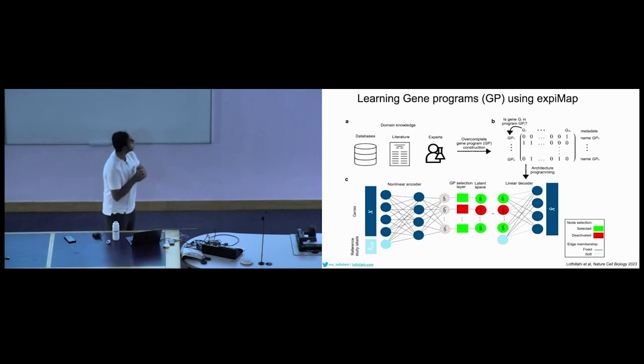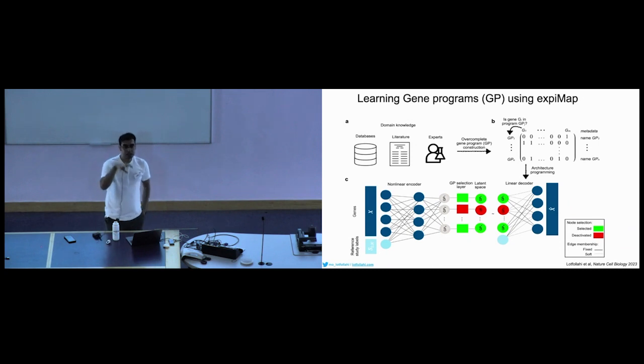The second challenge is selecting relevant gene programs. So you could see GP1, GP2, and GPN, those gray nodes, and then we have a GP selection layer. That's basically a group lasso sparsity constraint, where the model learns to select or remove certain gene programs.